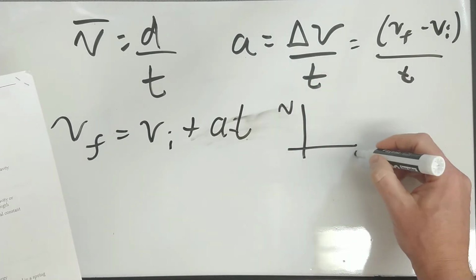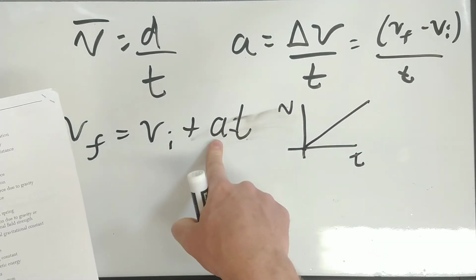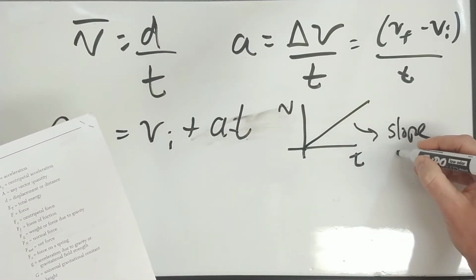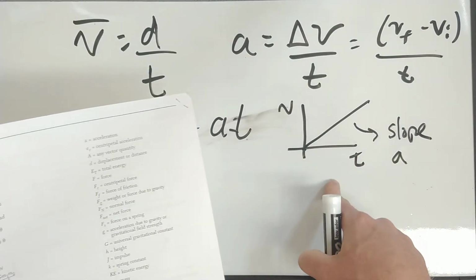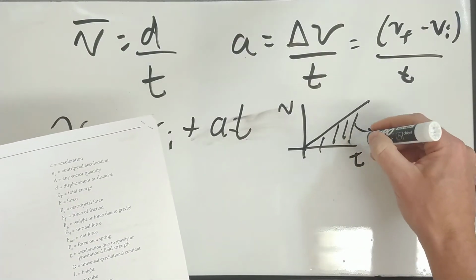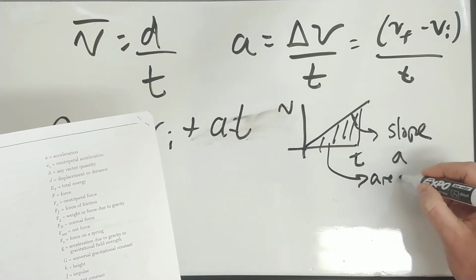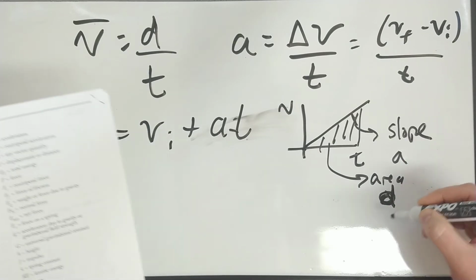If you think about y equals mx plus b, that is basically this. M is the slope of velocity versus time, which is acceleration. Slope of v versus t is acceleration. The area under the graph is displacement, delta x, or I guess in Regents world it's d.